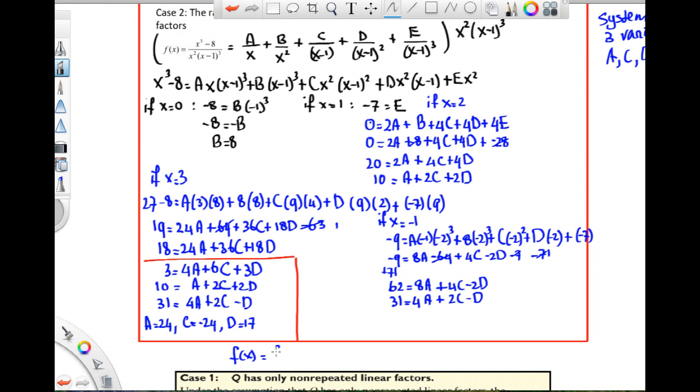And I said a was 24, so it's 24 over x plus b, and b is 8, so plus 8 over x squared plus c, and c is a negative 24, so that becomes minus 24 over an x minus 1, plus d, and d was 17, so 17 over x minus 1 as a factor squared, and then finally plus e, and e was a negative 7, so minus 7 over x minus 1 cubed. And now that function is broken down.